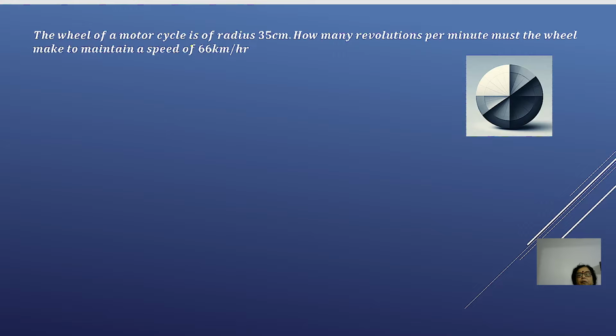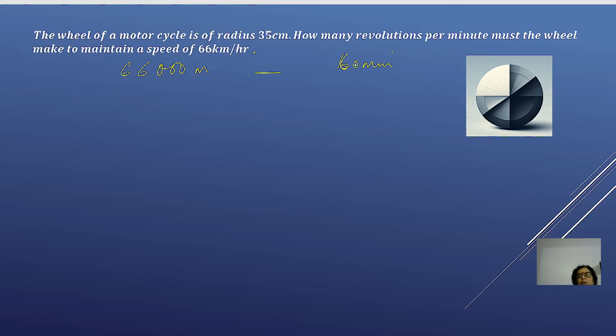Next one is: the wheel of a motorcycle is of radius 35 centimeter. How many revolutions per minute must the wheel make to maintain a speed of 66 km per hour? So here the wheel has a radius of 35 centimeter and it has to maintain a speed of 66 km per hour. That means it covers 66,000 meters in 1 hour or 60 minutes.